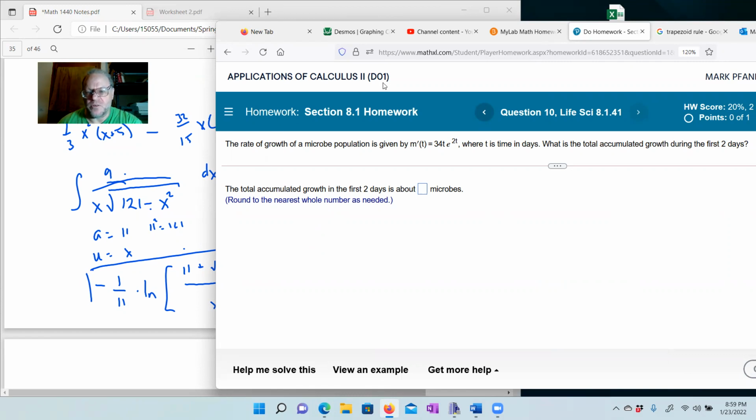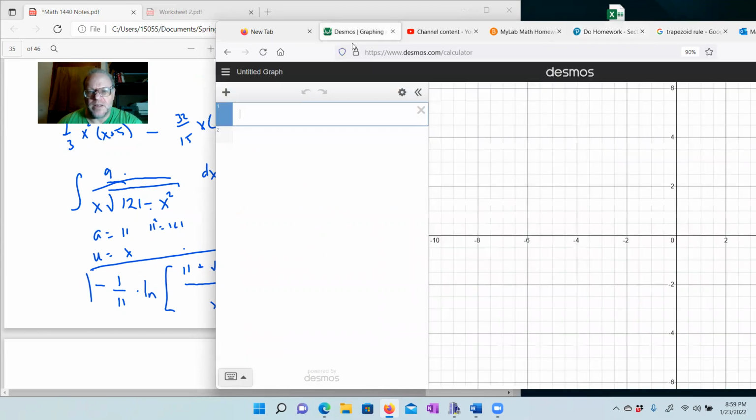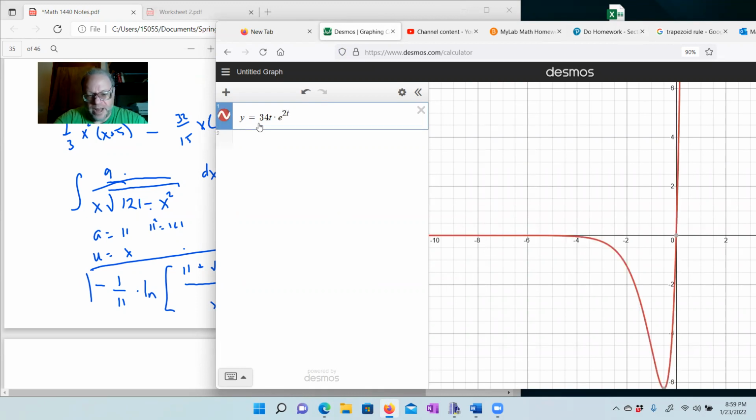What is it? 34t times e to the 2t. So this is y is equal to 34t times e to the 2t, so we can get an idea of what this is going to look like.